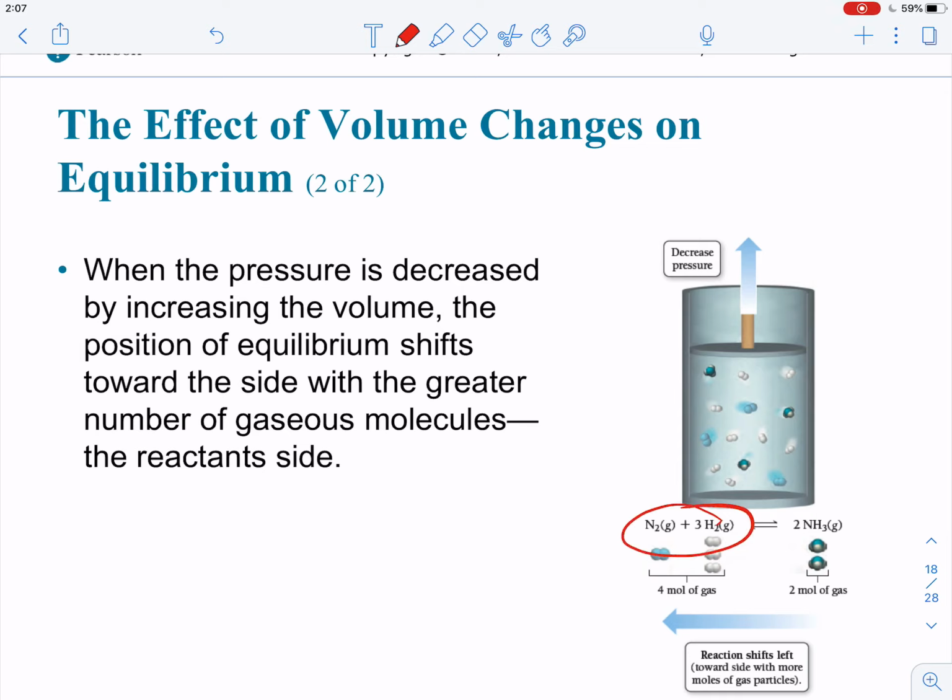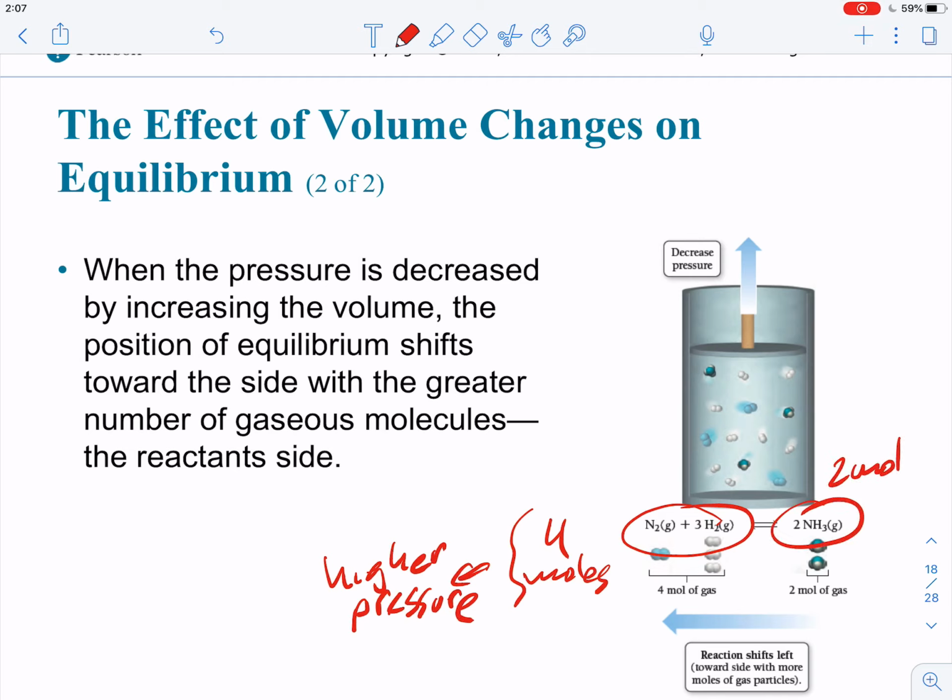So still here you have 4 moles. 4 moles will provide higher pressure than those 2 moles. Okay, so you will increase this side so that you increase the pressure as a response to the increasing volume, and therefore the decreasing pressure.